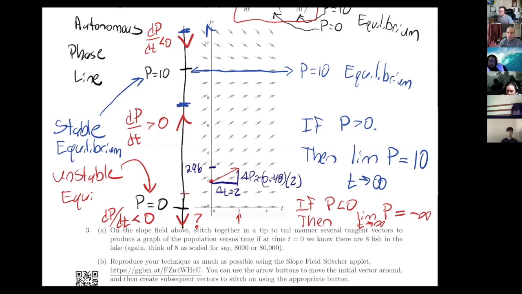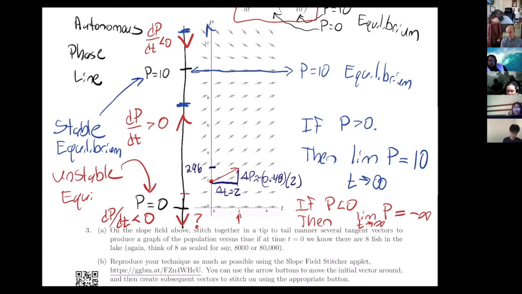And what we're doing when we do this tail to tip method is, okay, we want to approximate the population of fish 4 years from now, 10 years from now, whatever. We want to take this out further. The further we take this out, the worse our approximation gets, right? These derivatives are local measurements of rates of change.